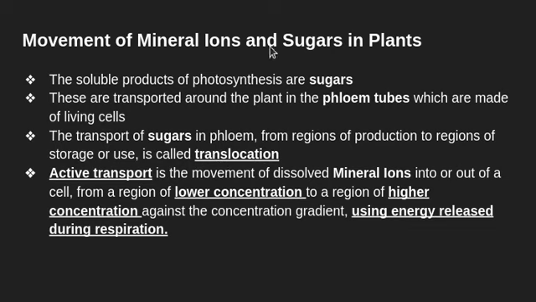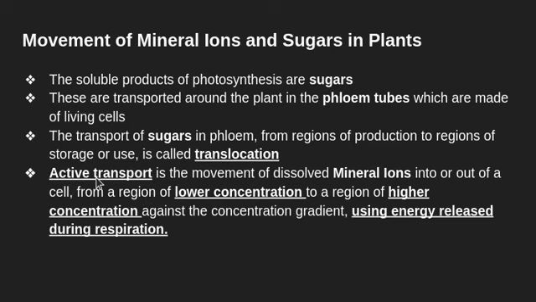So when the sugars that are produced in the leaves are being transported throughout the plant, we call that process translocation, right? So we also have mineral ions that we might add to the plant, like fertilizers, and even some other form of mineral ions that you may give to the plant.